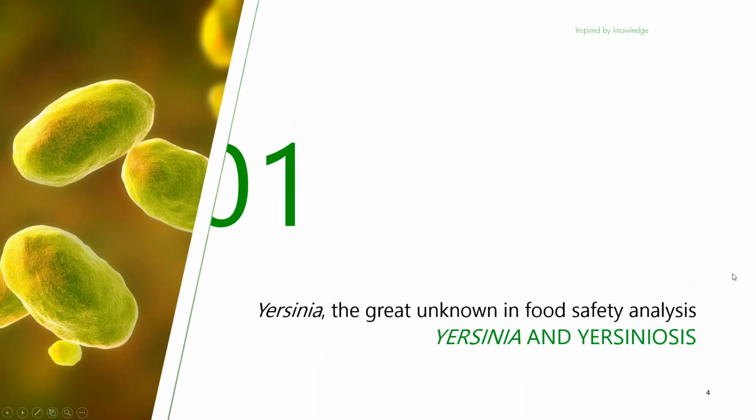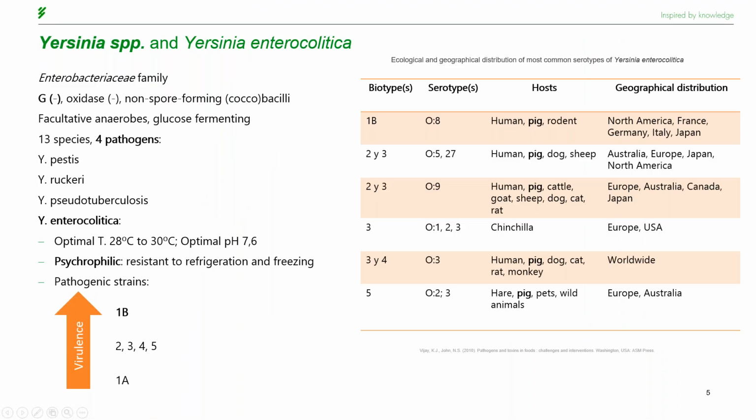I think we should start by getting to know the bacteria and the disease. So we can go back all the way to the 1880s, which is when the story of Yersinia began, when a strange disease that affected guinea pigs was reported and that evolved to what we know today as Yersinia.